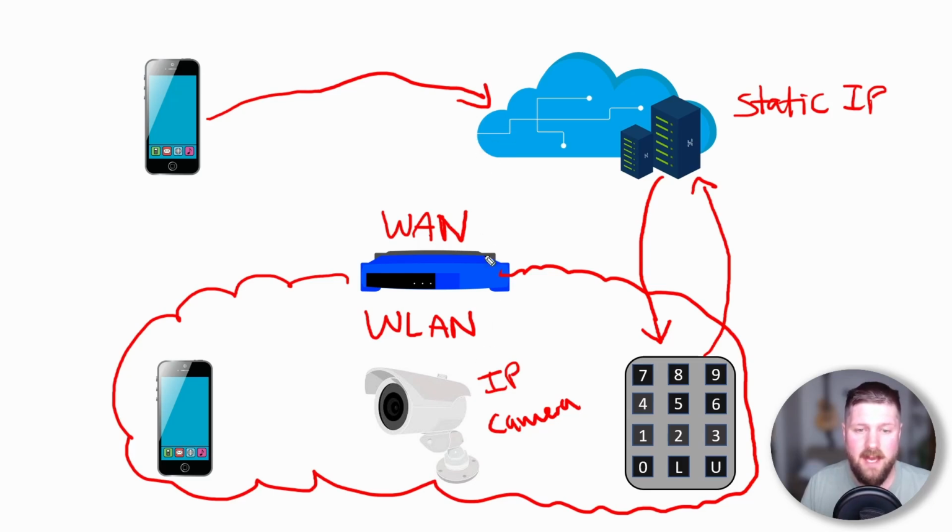The IP camera is also constantly in contact with this cloud server, sharing its location and its IP address, so how it can be connected to. Then our cloud server passes this information back to whatever the client is in this peer-to-peer handshake. We call this the P2P handshake.